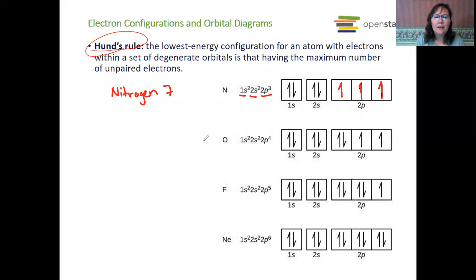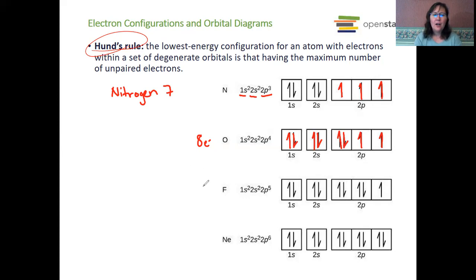Okay, and then when we get to oxygen, and oxygen has 8 electrons, then you would count 1, 2, 3, 4. And now watch, 5, 6, 7, 8. Now that's where you start doubling up. Now, the fact that here we start doubling up, that's going to be very important later. Remember I said there were some really important exceptions when we get to ionization energy. And that one is one that I want you to remember.